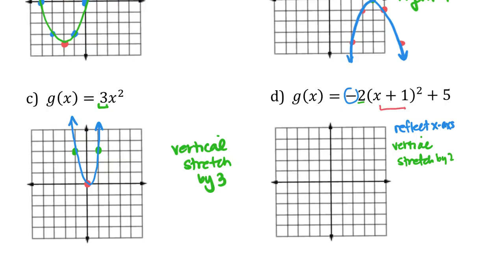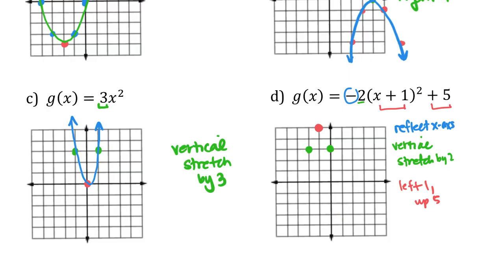And then we have x plus 1, so it's going left 1, and it's going up 5. So let's move our vertex first. It goes left 1, up 5, so it's way up here. Reflects over the x-axis, so it's opening down and it's stretching by 2. So I'm going to go right 1, down 2. And then normally I would go right 2, down 4, but it's stretched by 2, so I need to go right 2, down 4 twice, which is way down here.